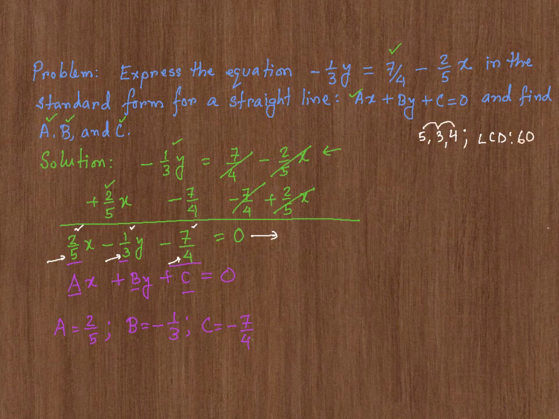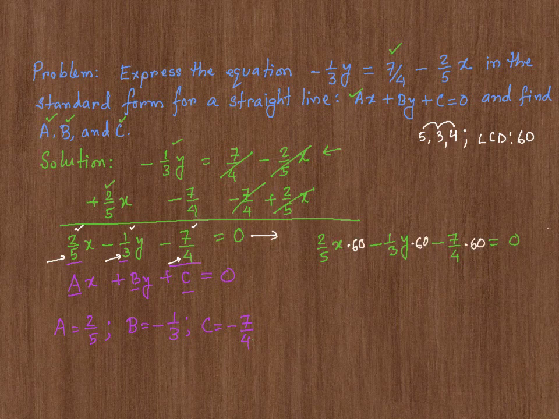So it's going to be 60. So I can take the given equation and multiply it by 60. Let's write it out here. Now I'm going to multiply this equation on both sides by 60.